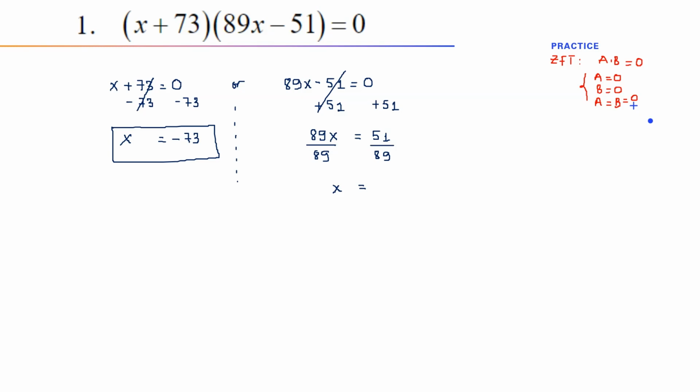On the right hand side we have 51 over 89. And remember, 51 and 89 don't have common factors to simplify, so we keep it as is.